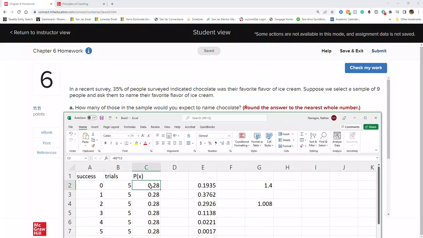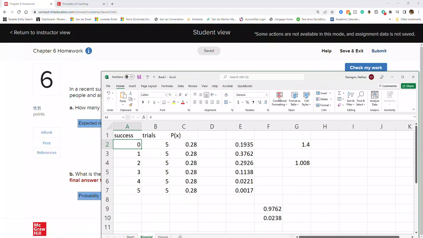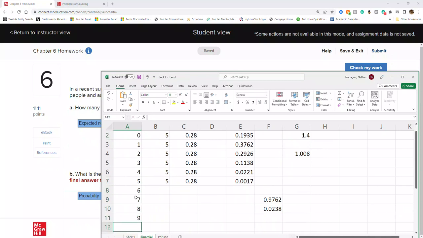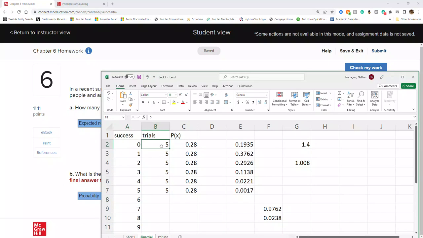So for this one, since we got 9, and we know it's binomial, I'm going to go ahead and do all 9. So 6, 7, 8, 9. And there we go.